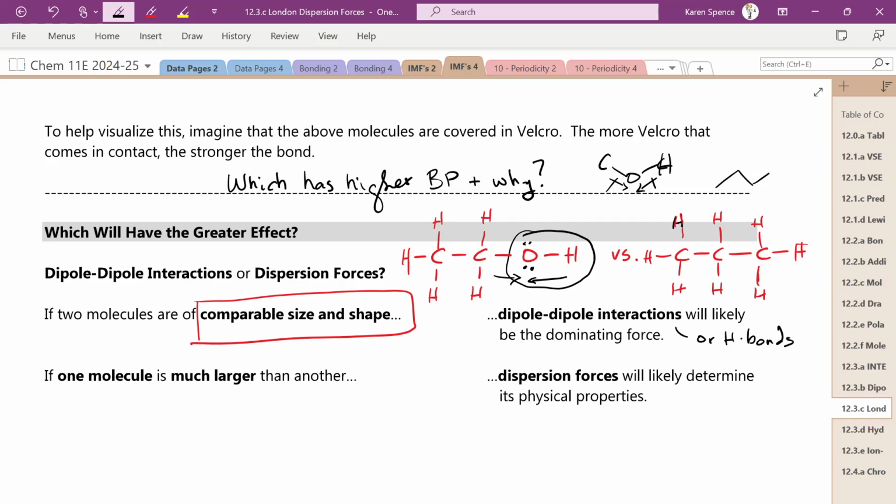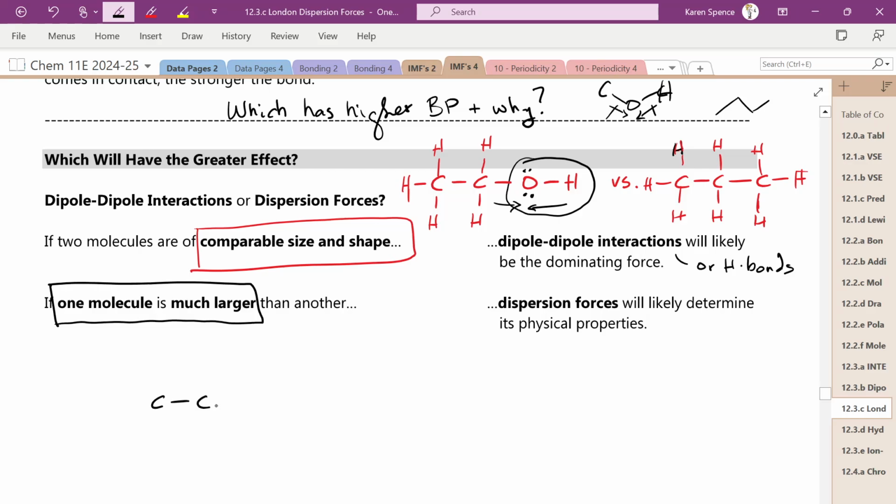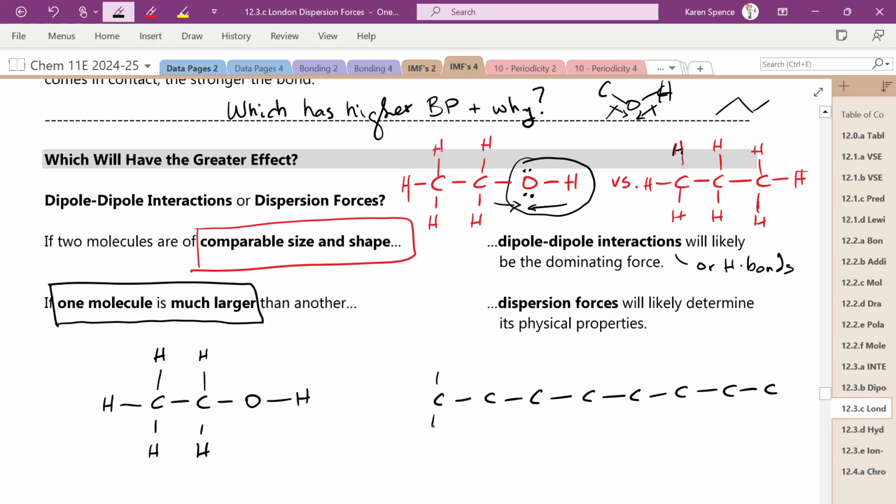But if you have one molecule which is much larger than the other, so let's say that we had these. I'm not going to draw all my H's, okay? Everything that's there, those all have H's on the end, okay?